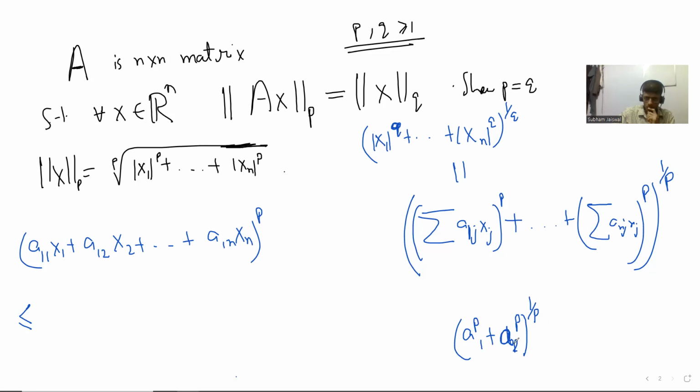Wait, no problem. So this is the norm A. How did I do this?